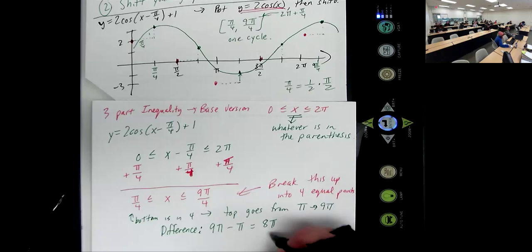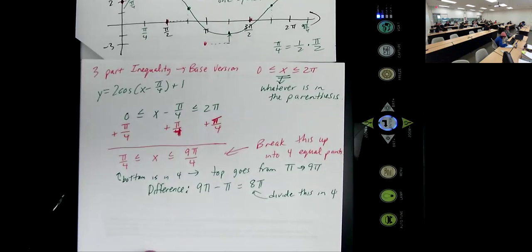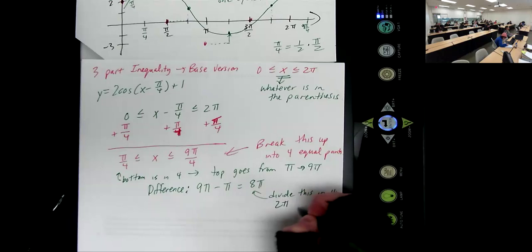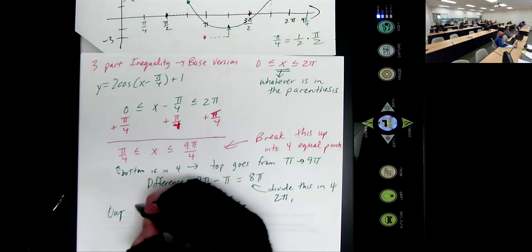So if I divide this in 4, I really don't like this method, but if you do, this is how you do it. Divide this in 4, we get 2 pi. Our 4 parts.